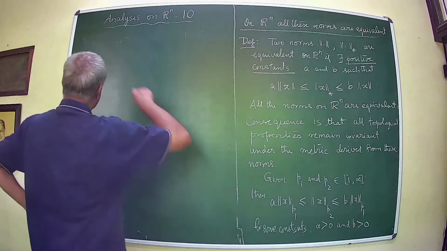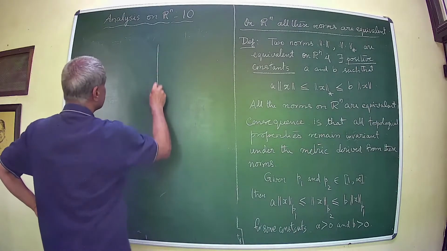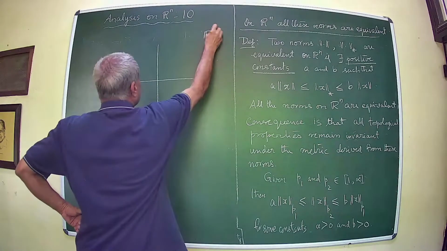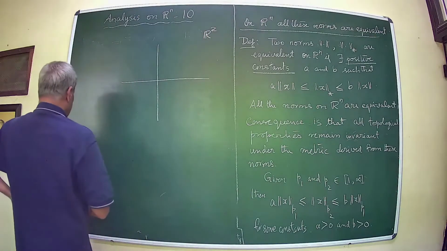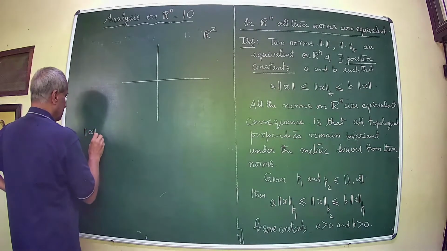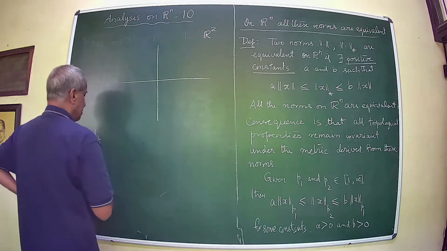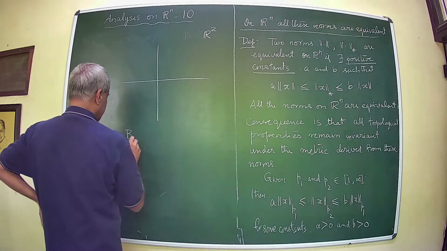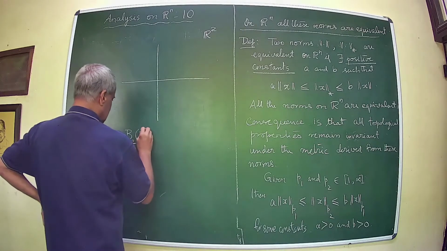Okay, let us take R2. Now let us take norm 2. And what is the unit ball? See, B2, 0.